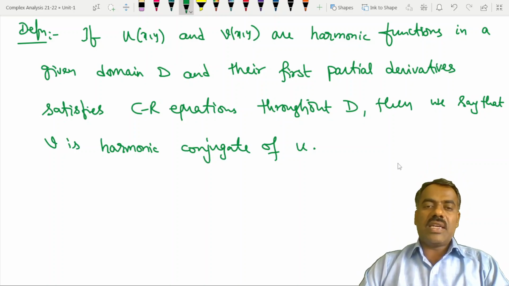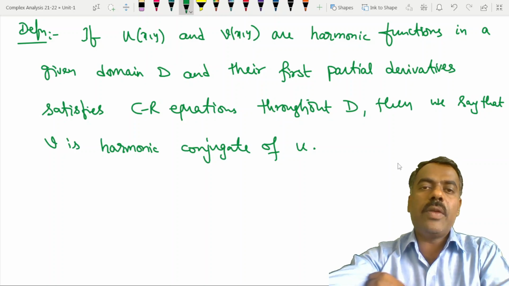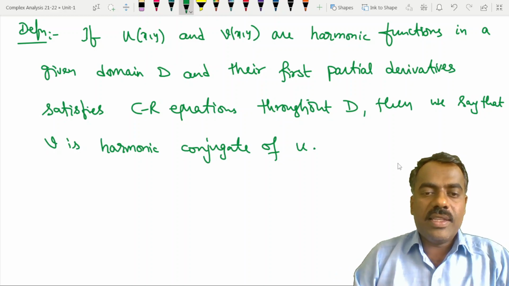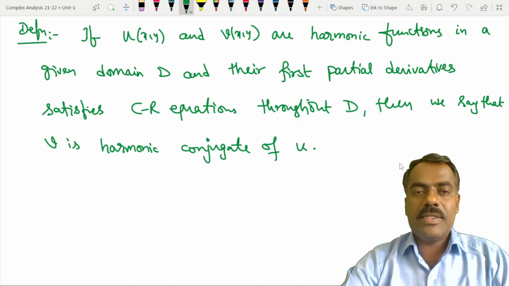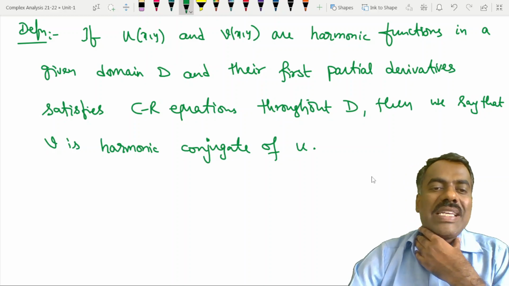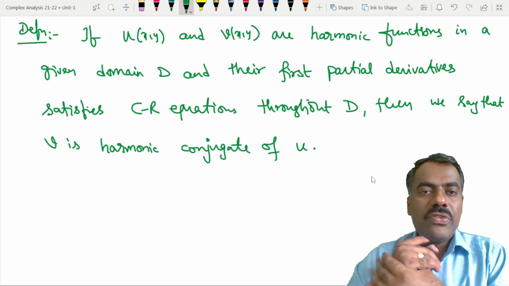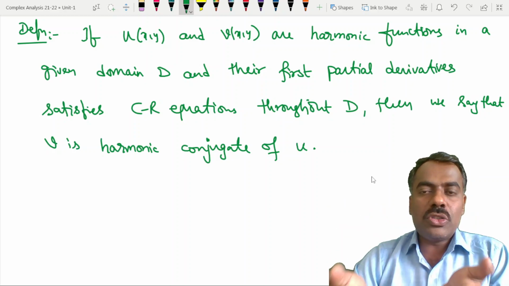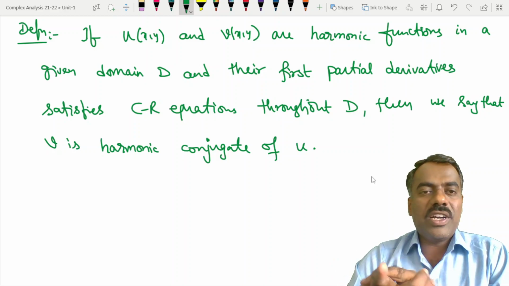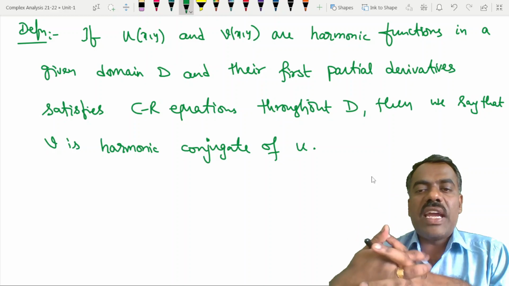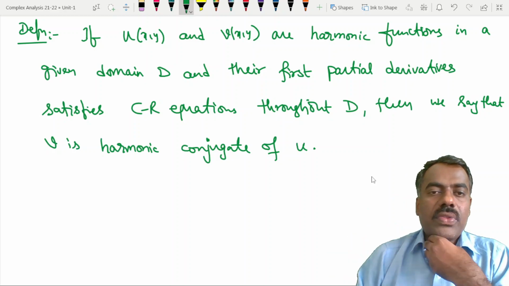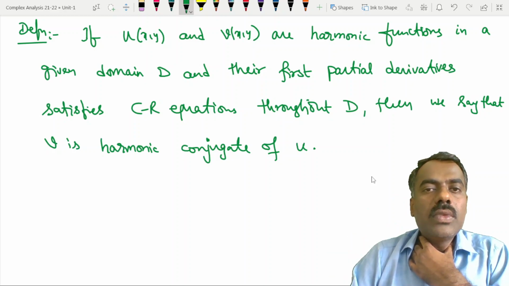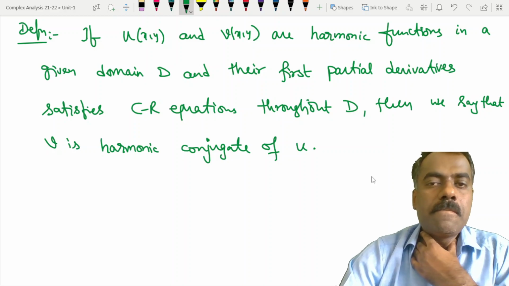This conjugate has nothing to do with z bar, which we usually define. This word is used in a different sense. So when we say that v is a harmonic conjugate of u, both should be harmonic functions and they should satisfy CR equations. Is that clear?